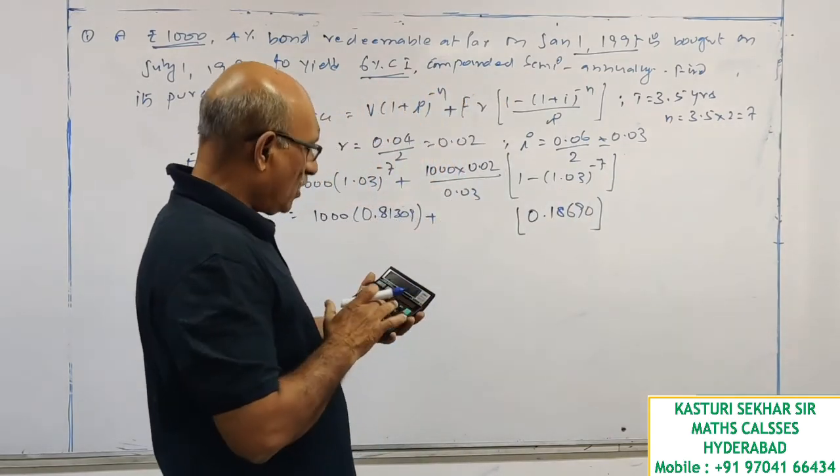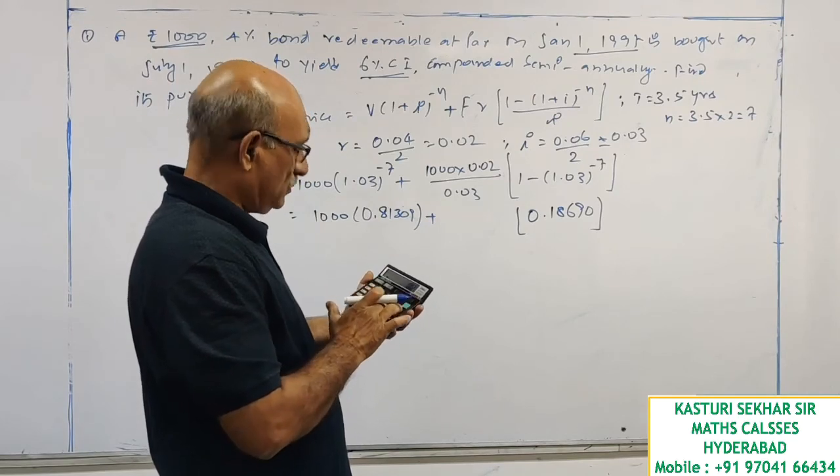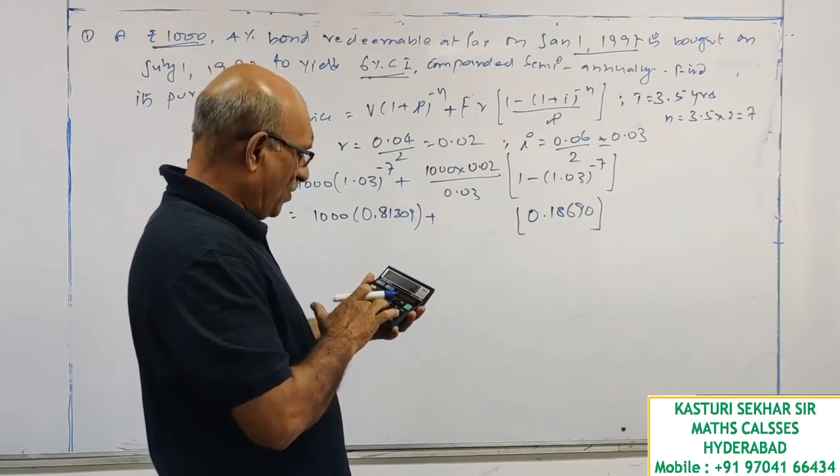Now look at this. 1000 into 0.02 divided by 0.03.